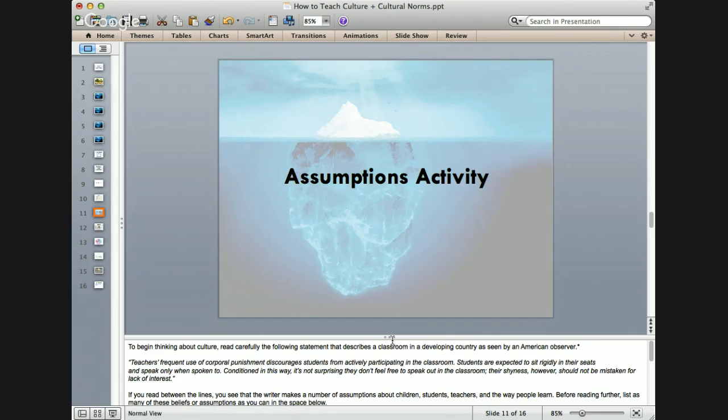So he's assuming that should be the same, or that should be the evidence that students are learning. But that's not necessarily the case. Yep. So the assumptions that speaking out is a good thing, or shyness is a bad thing. Those are assumptions that are coming to the table.